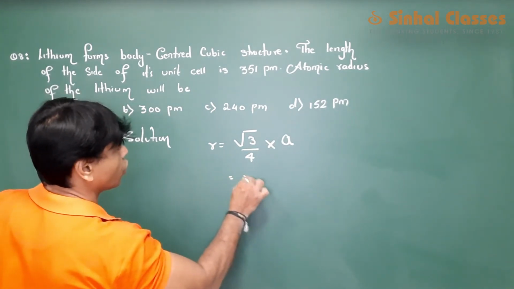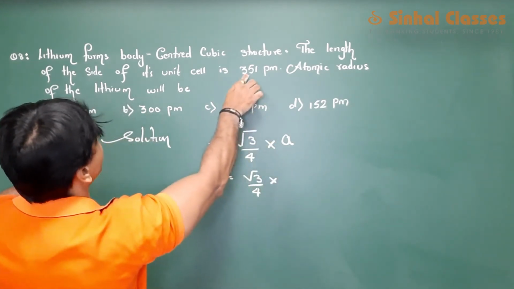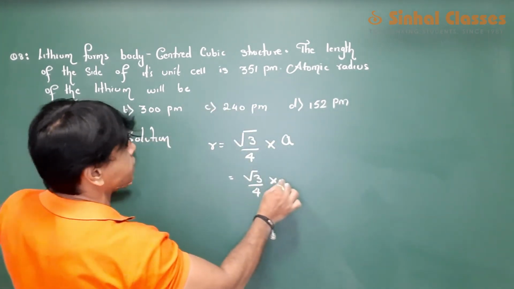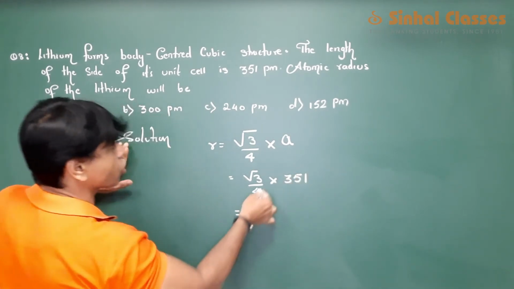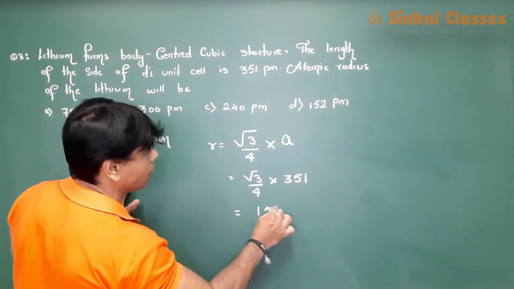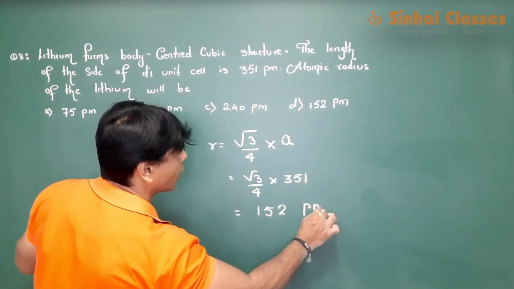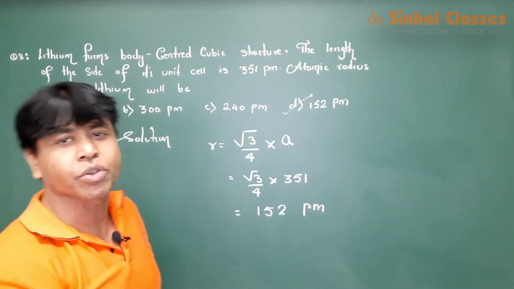So it is root 3 by 4 into 351 picometer. So solving this, your answer for radius will be 154 picometer. So answer is D for this question.